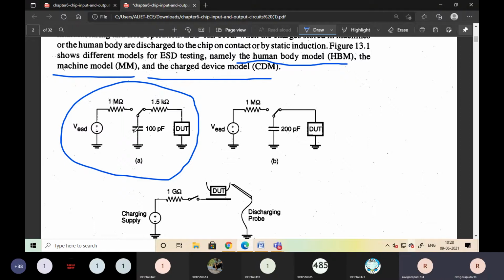Due to the human finger, whatever it is charging, the ESD can be discharged by the 100 picofarad capacitor through the 1.5 kilo ohm resistor as shown below. If you use this circuit, the human body effect can be eliminated.